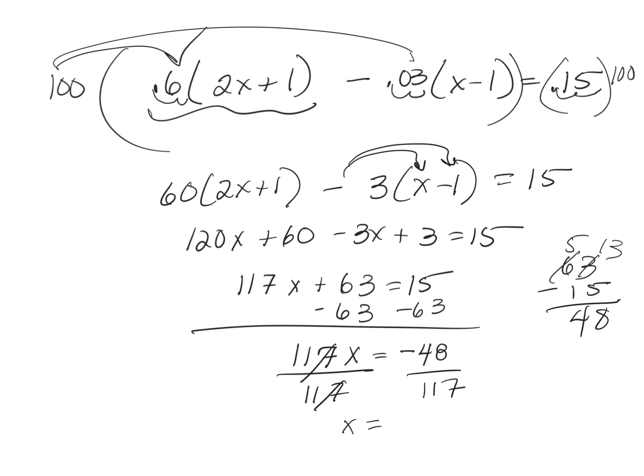And that, as a decimal, just do on my calculator here. 48 divided by 117 is approximately, you can just leave it as a fraction too. There we go. All right, so we get that.